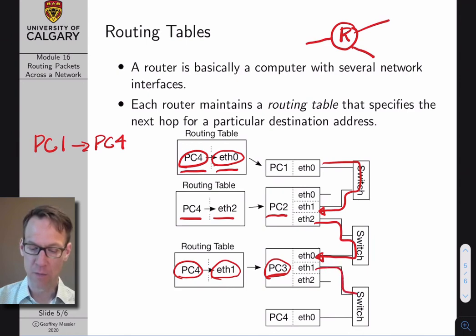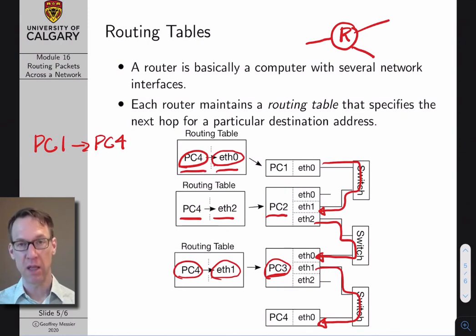That's what it does. It arrives at PC number 4. PC number 4 is going to receive the packet, look at its address, say, oh, this packet is for me, and it keeps it, and it passes it up to the next higher layers in its protocol stack.